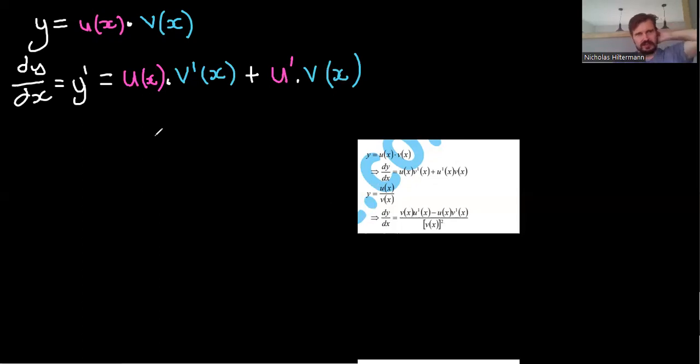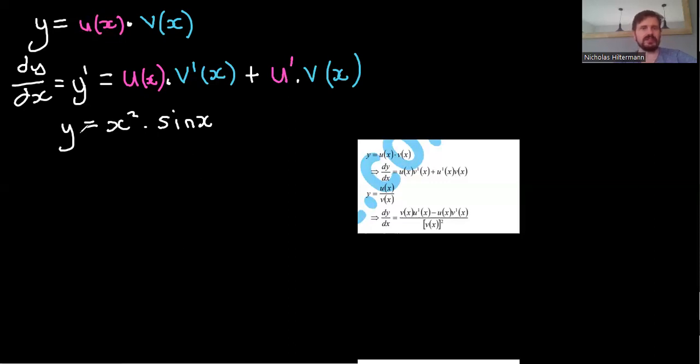Okay, so it's easier to look at this in terms of an example. So let's say that you have y equals, and they give you, let's say, x squared times, say, sine x.